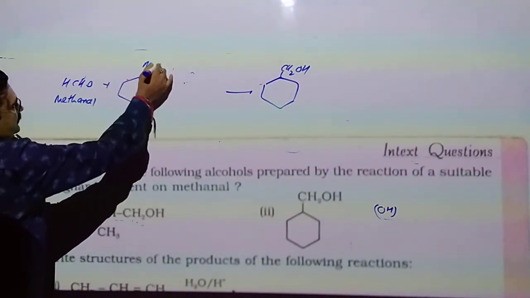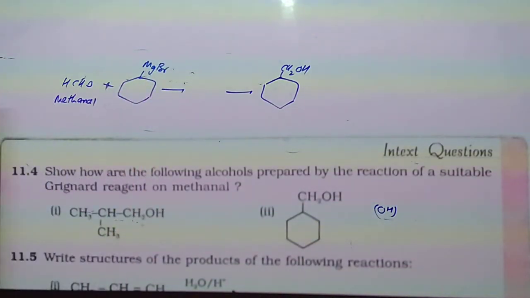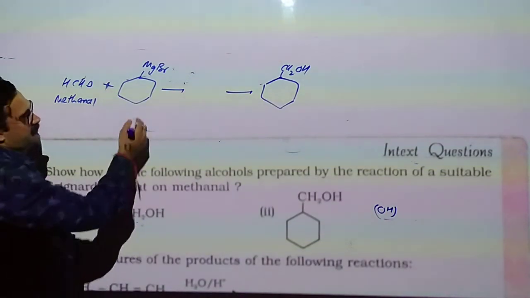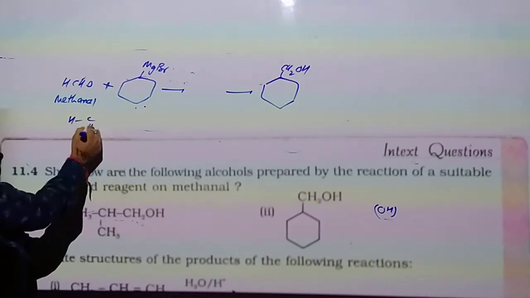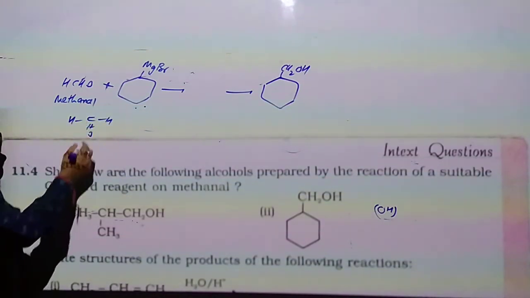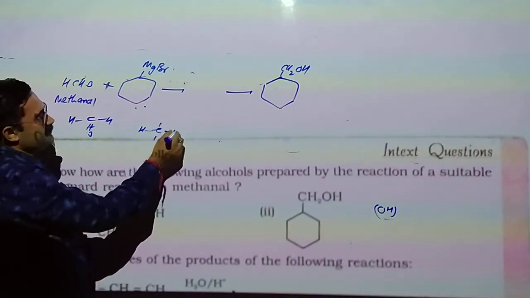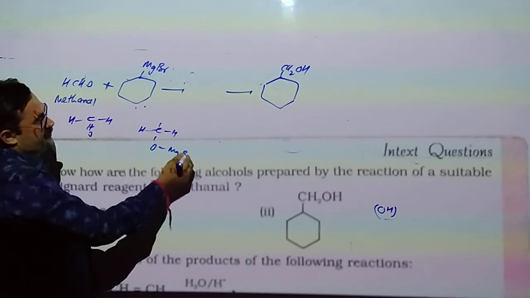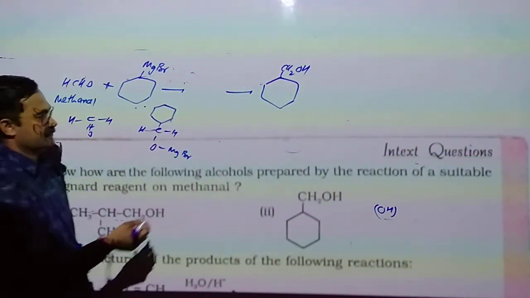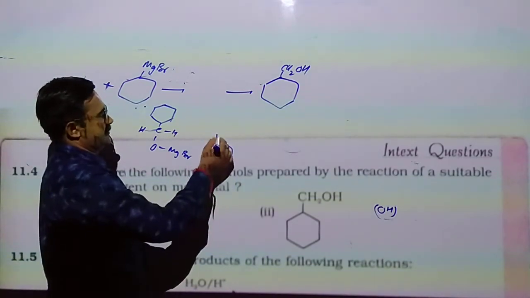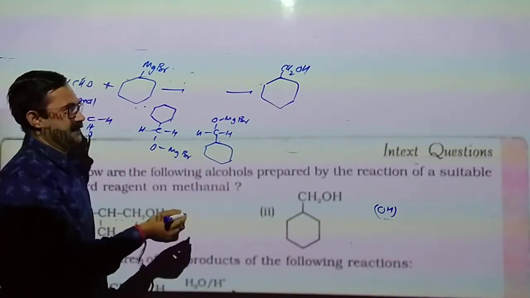And which Grignard reagent is suitable? Cyclohexane magnesium bromide. In the formaldehyde, once again the pi bond breaks. With breaking of the pi bond, O with MgBr, and here is cyclohexane. Otherwise, like this, cyclohexane CH2O MgBr is our intermediate product.